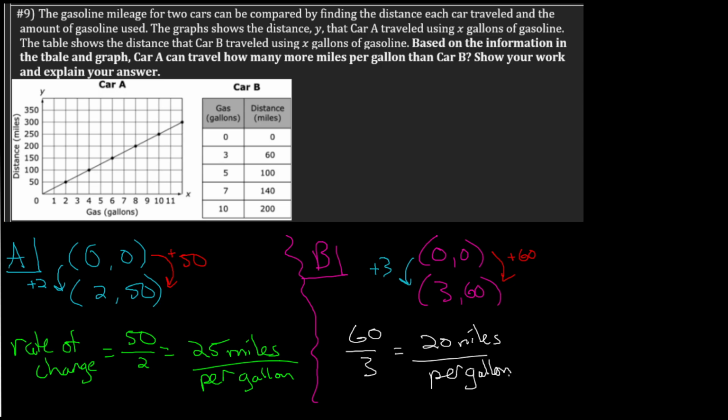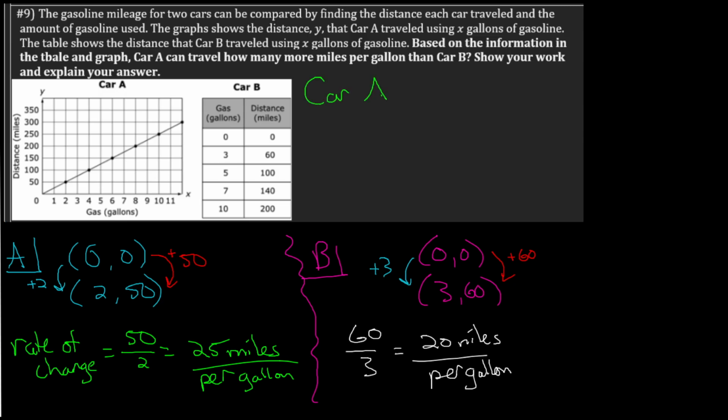And so once I find these, I can say, all right, let's compare our reasoning. Let's double check the question. Based on the information in the table and graph, car A can travel how many more miles?